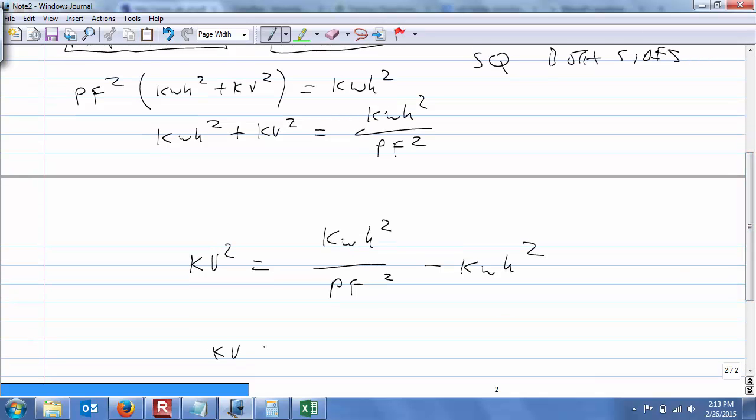KV equals the square root. Now let's see here. Here's where you can do some simplification: kilowatt hours times the square root of 1 over power factor squared minus 1.